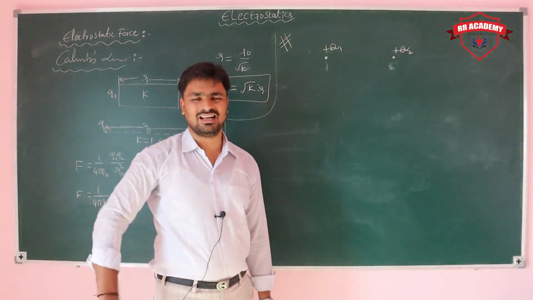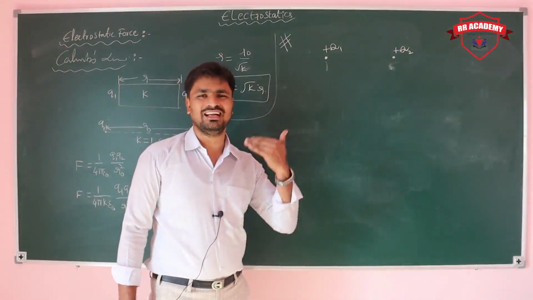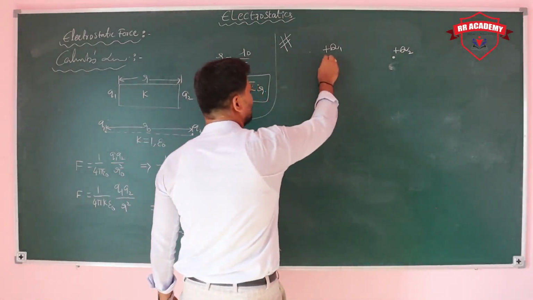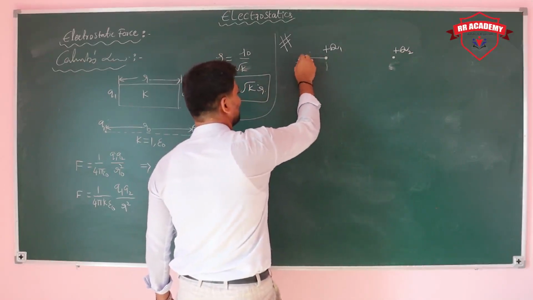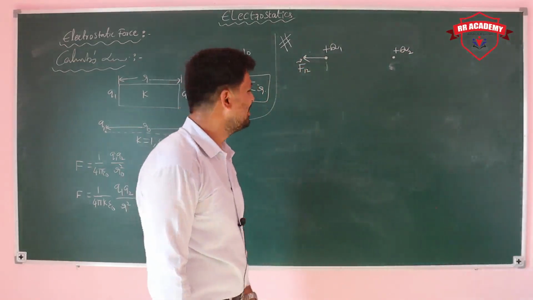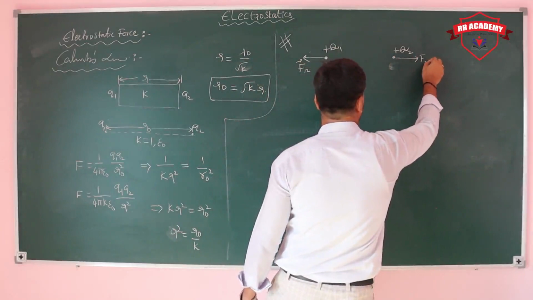Charge 1 repels 2, and at the same time 2 repels 1. The force on 1 by 2, in this direction, we give simply as F12. Next, at the same time 1 also repels 2, this is F21.